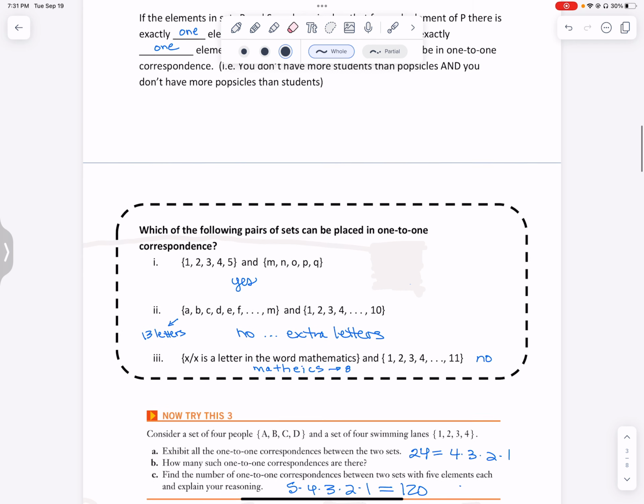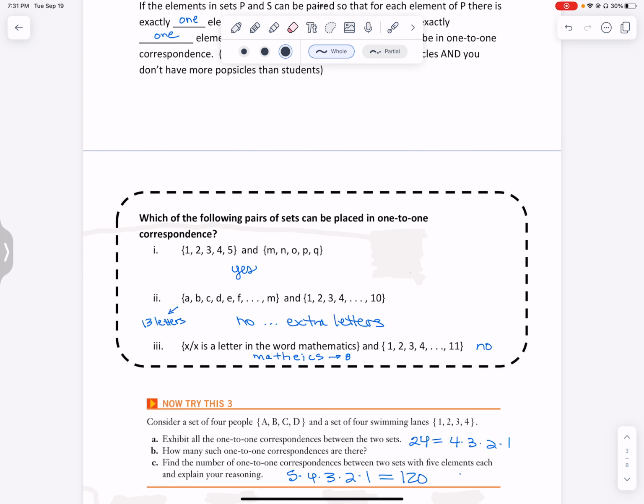So we want to find out if the following sets can be placed in one-to-one correspondence. And I was supposed to cover up those answers. Anyway, here's the first one: 1, 2, 3, 4, 5, and I'm going to see if they correspond to M, N, O, P, Q. Notice there are 5 in this one and 5 in that one.